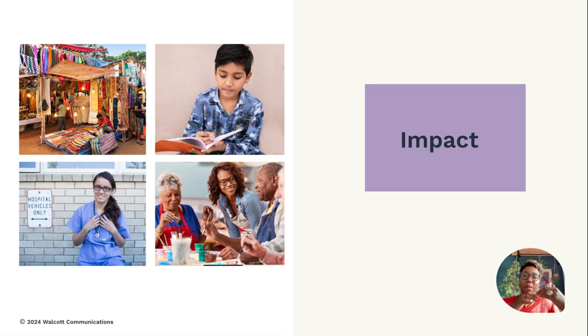The impact from that might be that residents of remote villages now have a reliable electricity supply, which allows them to power their cottage industries, which in turn boosts their local economy. An unexpected impact or benefit from that might be that now they also have light for their children to do their homework at night, which means that their children end up getting better results at school and are performing better academically.